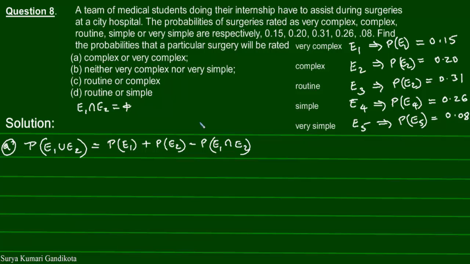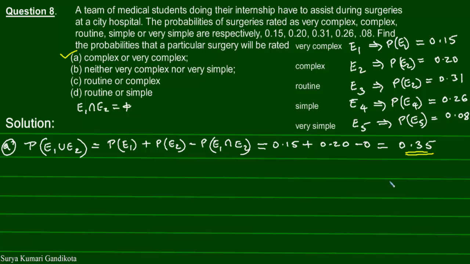But as I told you, the intersection is empty, therefore this is 0. So, this is equal to P of E1, 0.15, plus P of E2, 0.20, and this is of course 0. So, this gives us 0.35.